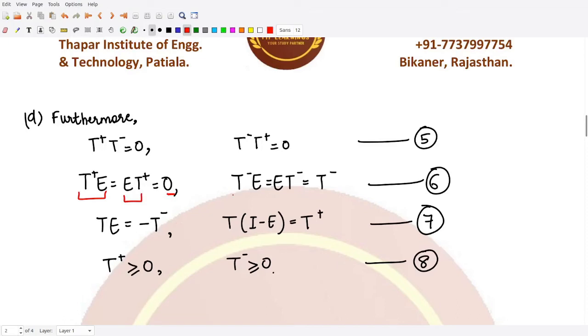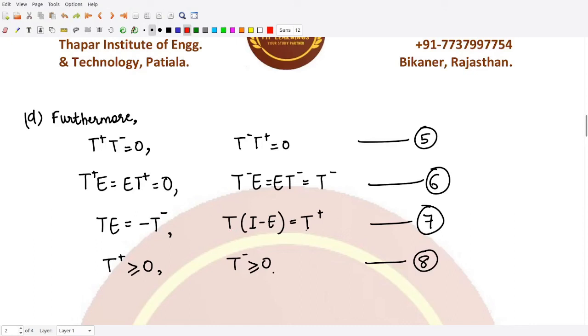When you have this negative thing, that is the T negative operator. You will see later why this happens, when we are doing this proof. Then we have TE equal to minus T negative, and T(I minus E) equal to the T positive operator.